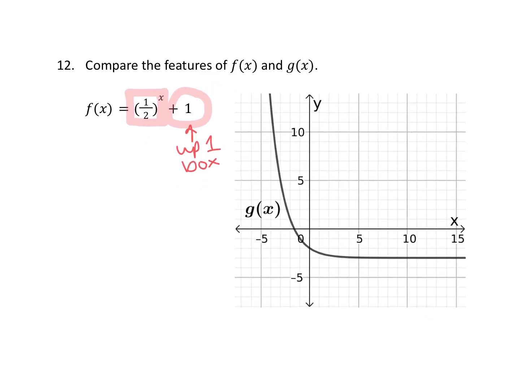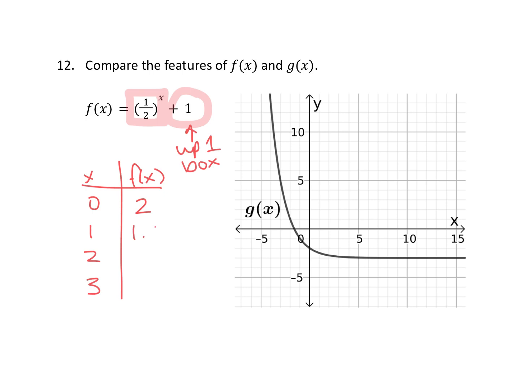So I'm going to do a little table to help me graph f of x. So let's do x and f of x. So 0, 1, 2, 3, right? Okay, so I'm going to replace x with 0. 1/2 to the 0 power is 1. 1 plus 1 is 2. Okay, and then 1/2 to the first power is 1/2. 1/2 plus 1 is 1.5.